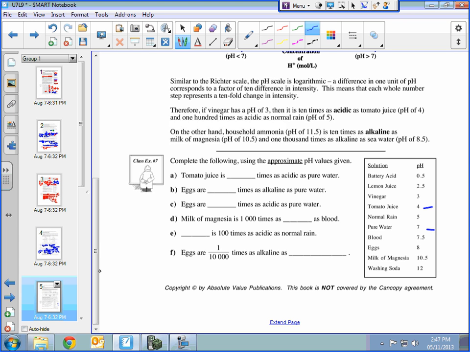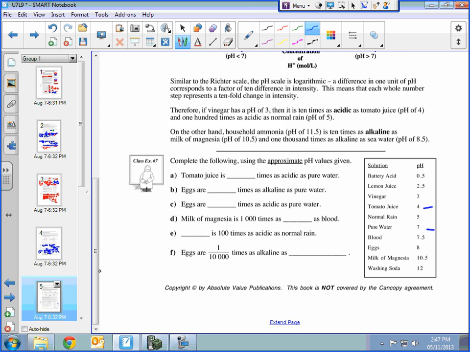The biggest thing here is if it's talking about acidity and alkaline, it depends which way you go. So if it's asking how much more acidic it is, it would be 7 minus 4, not 4 minus 7. So you always go with the more alkaline minus the acidic, because acidic pH is less than 7, right?